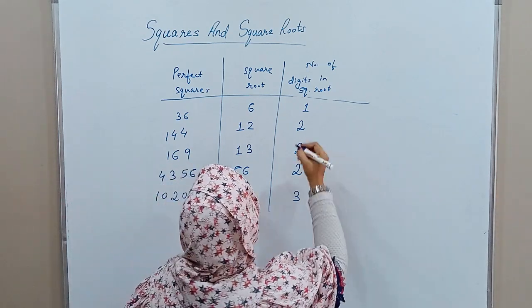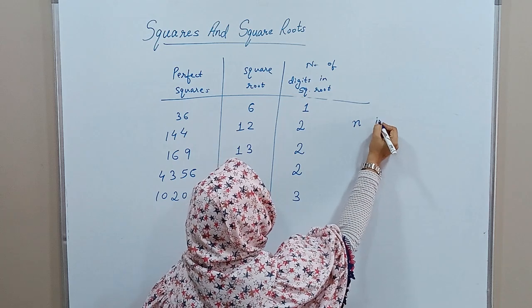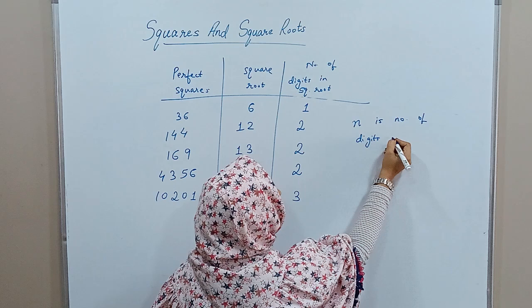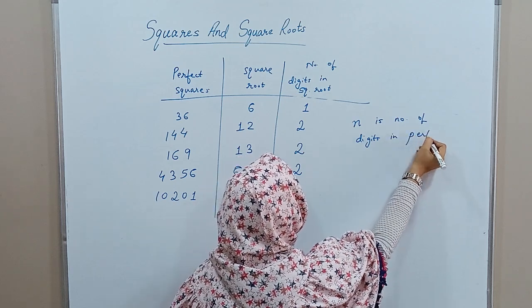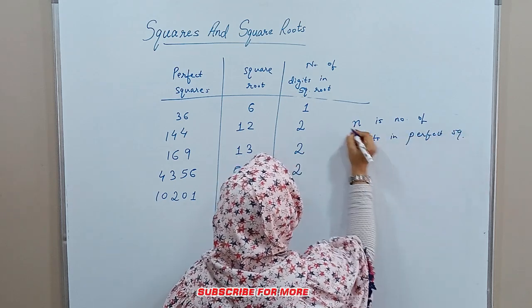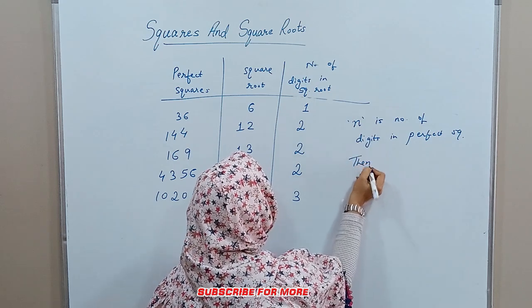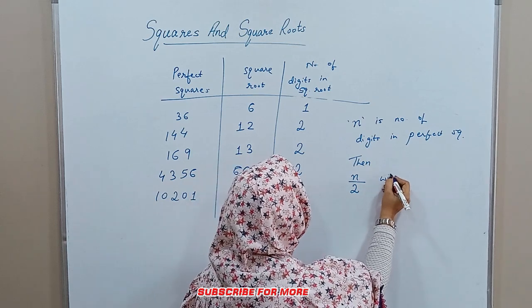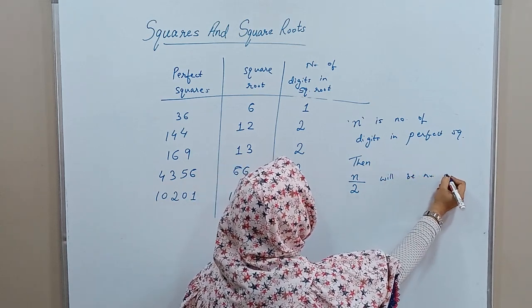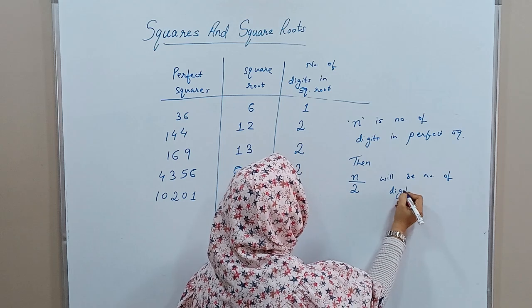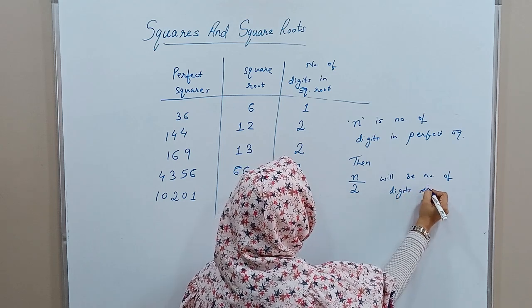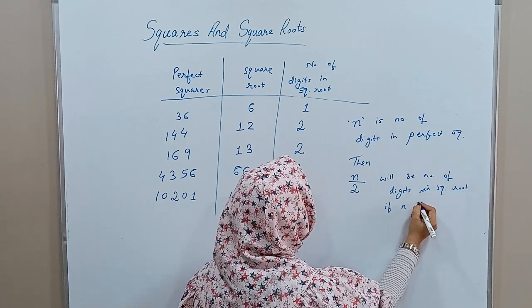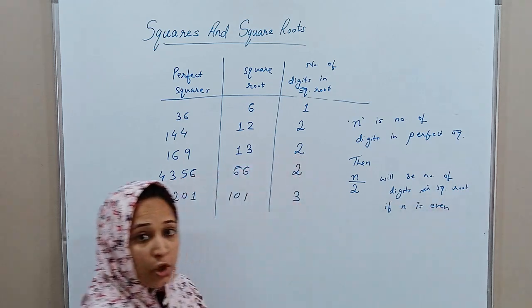Suppose if we say that n is number of digits in perfect square, then n upon 2 will be number of digits of square root, if n is even.